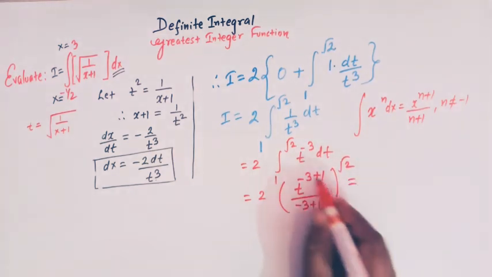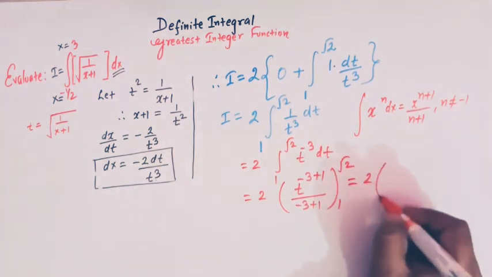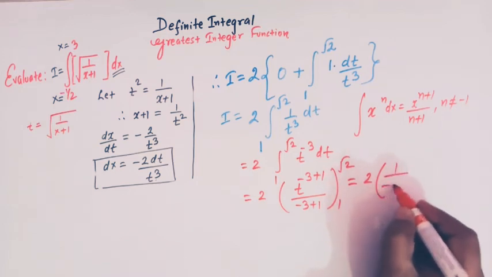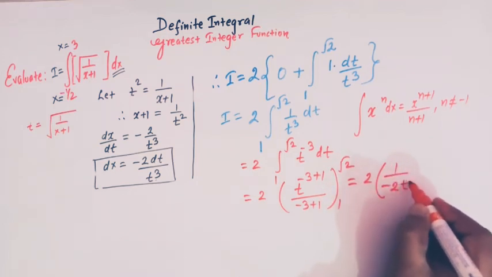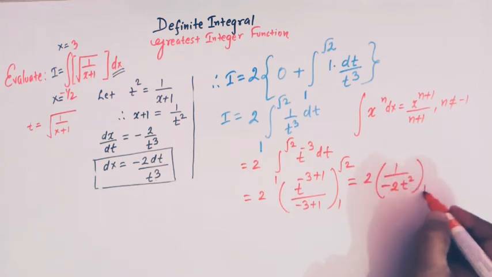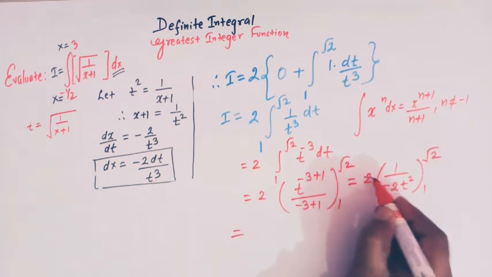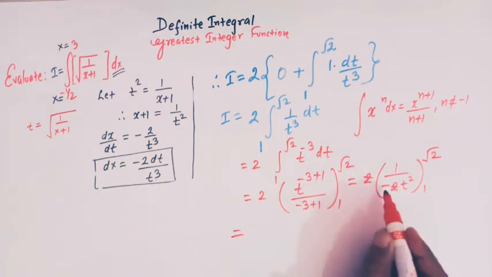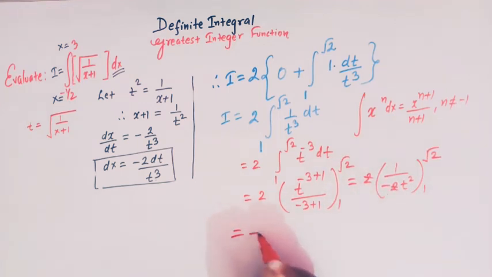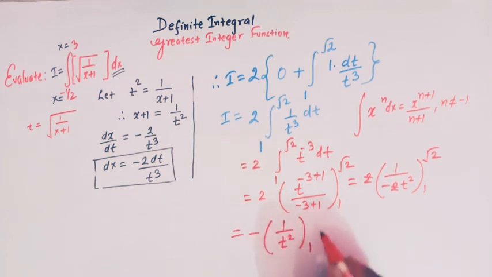So now if we simplify it, we have 2 and 1 over minus 2 times t square, right? And the limits are from 1 to square root of 2. Now this 2 and this 2 get cancelled, and we can take minus sign outside, and we have 1 over t square, and the limits are from 1 to square root of 2, right? Now we can simply substitute the limits, and we'll take the difference.